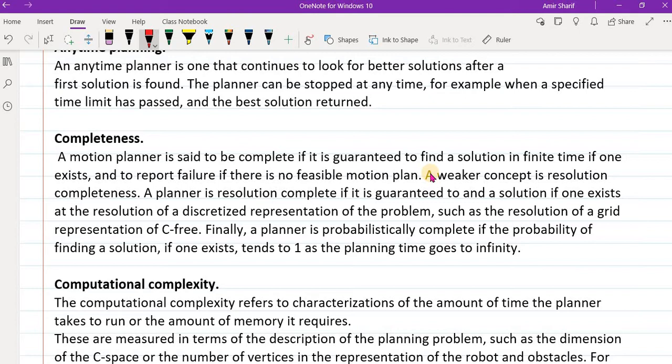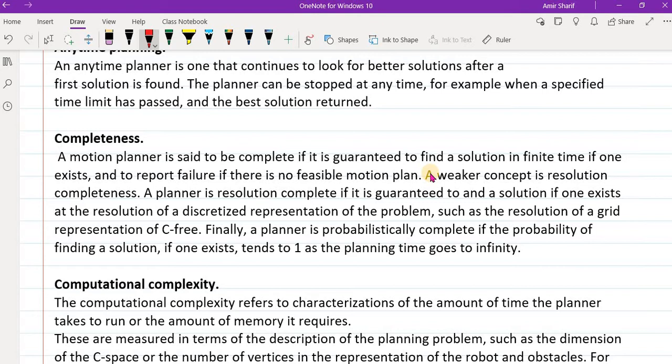Now the thing is, sometimes it happens that your configuration space is filled with too many obstacles that no path is possible. The robot cannot actually move. There is no path without collision with the obstacles.